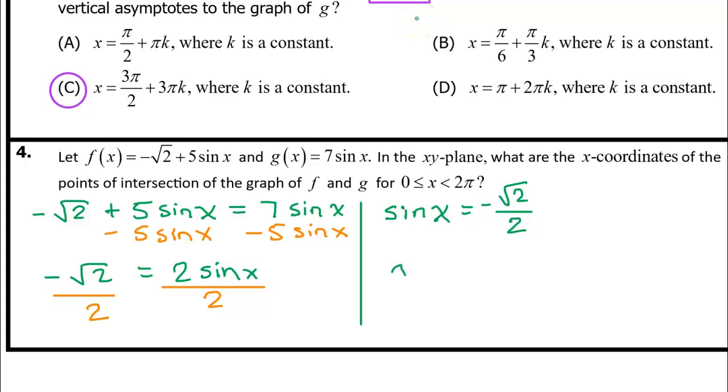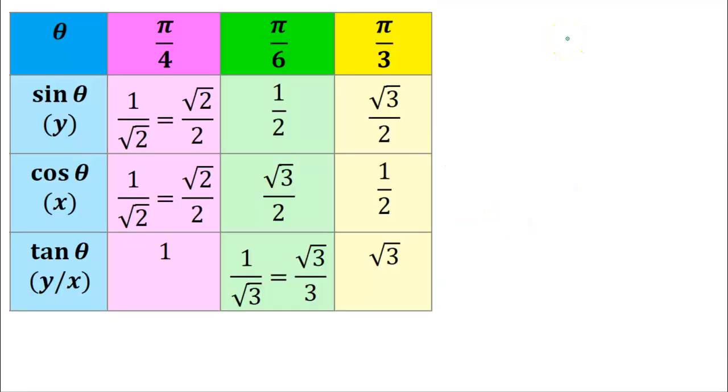We can solve for x by asking ourselves the sine of what is negative radical 2 over 2. First, I'm going to really ask you, what is the reference angle here? What am I talking about? Hopefully you memorized these 9 trig facts long ago. If not, pause the video and memorize this chart right now.